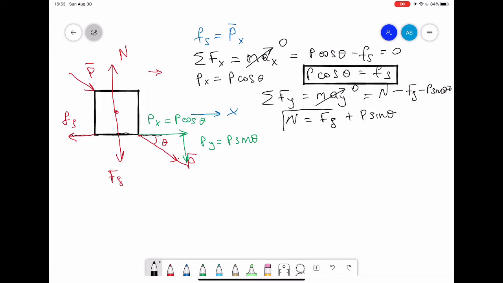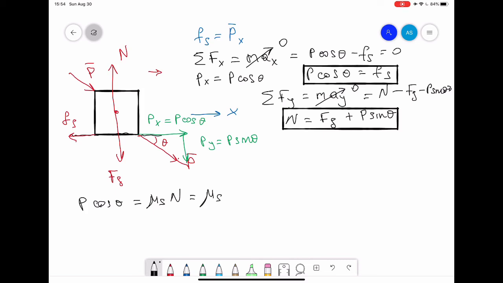So far we have this formula, and then we have that formula. P cos theta is equal to static friction. Now the formula for static friction is mu s times the normal force. If you plug in this formula, you get P cos theta equals mu s multiplied by Fg plus P sine theta.